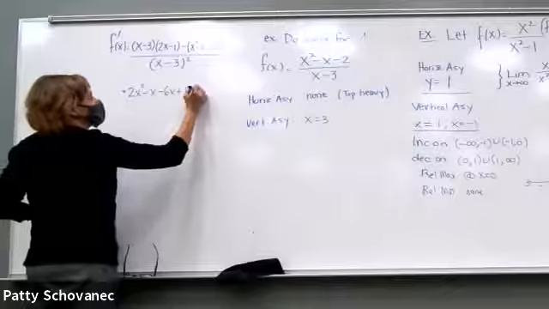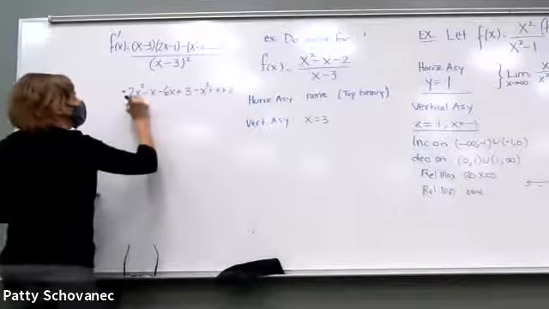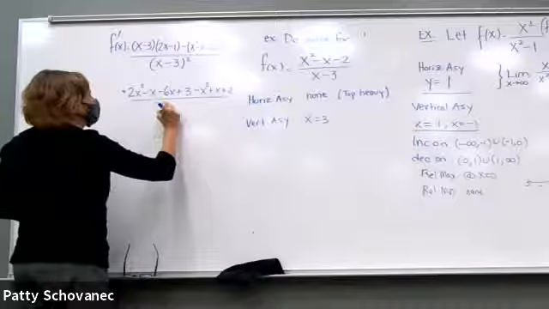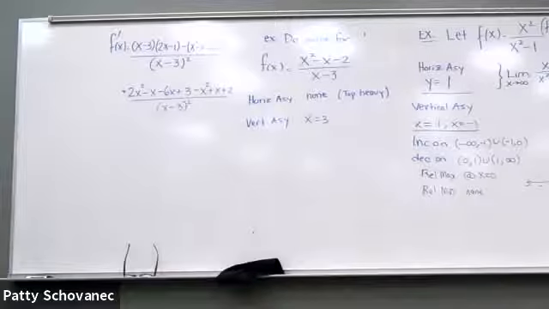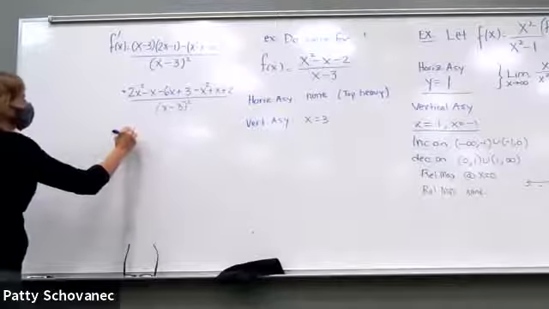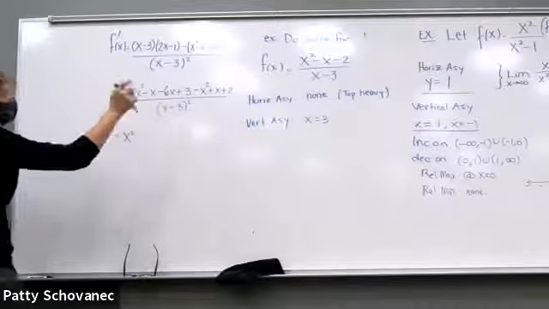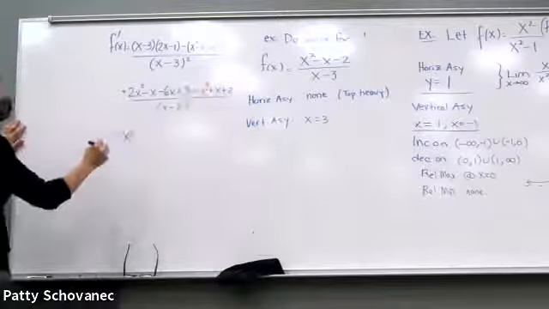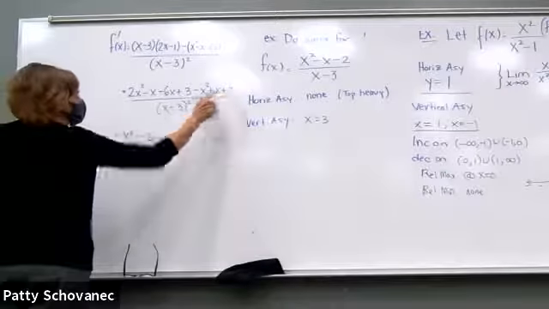Let's distribute the minus sign. So I have minus x squared plus x plus 2. And now we simplify. I'm going to have a 1x squared. And then I have minus x minus 6x is a minus 7x. Now we're back to minus 6x. And then 3 plus 2 gives me plus 5.